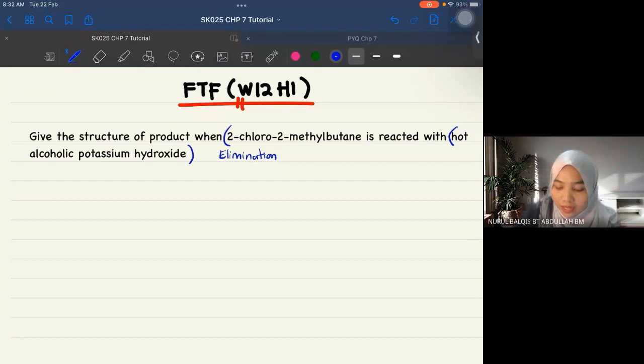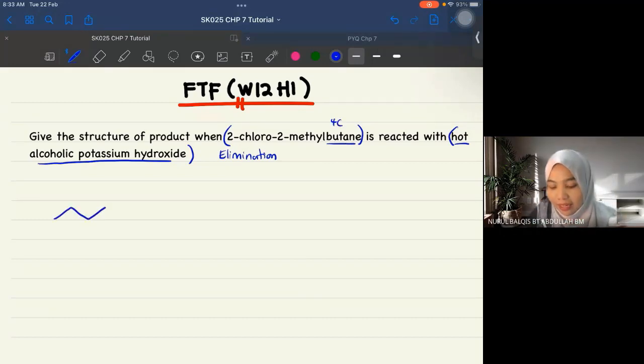So eliminations here involve the dehydrohalogenation of the haloalkane. You start with this haloalkane to react with this reagent and then to form multiple bond, which in this case the alkene. So boleh tak tolong saya lukis 2-chloro-2-methyl-butane. So how many carbons make up the parent chain? 4. Because of the butane, we got 4 carbon. 1, 2, 3, 4.